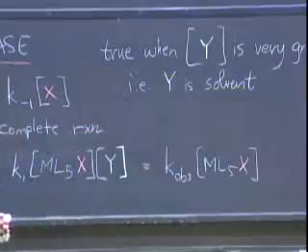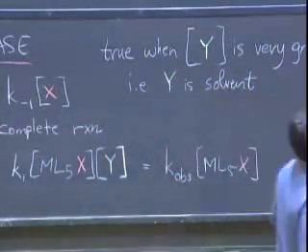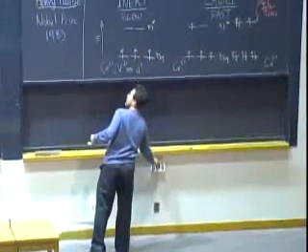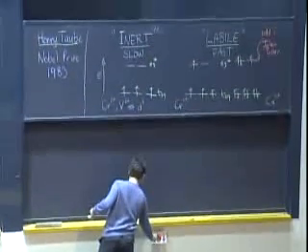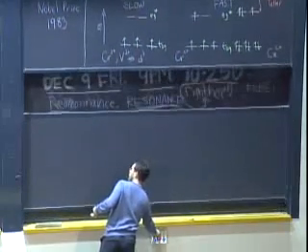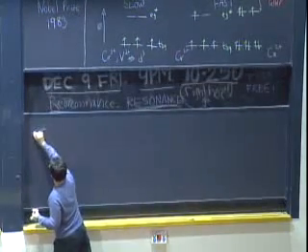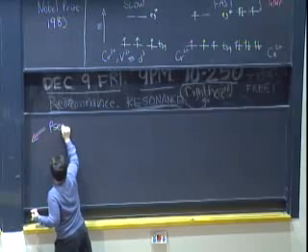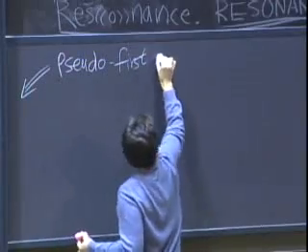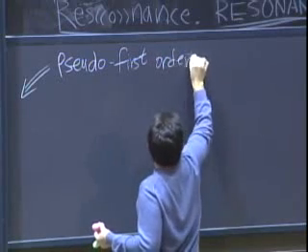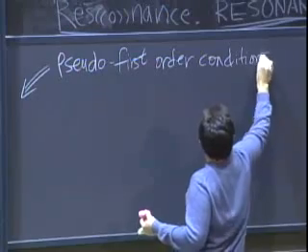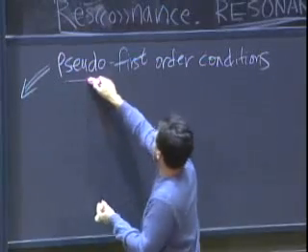And these are what we call pseudo first order conditions. That is a particularly simple rate law.